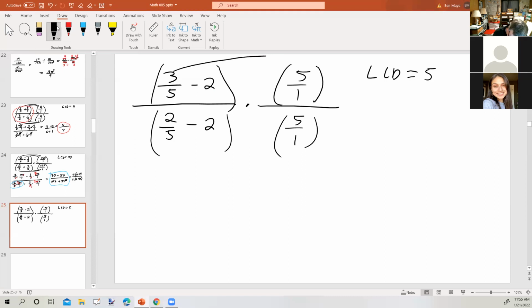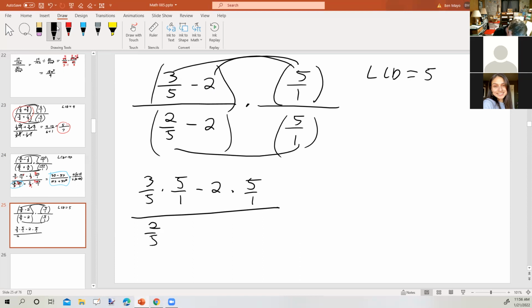All right. So here I've got 3/5 times 5 over 1 minus 2 times 5 over 1. I'm going to do the whole thing. In the bottom, 2/5 times 5 over 1 minus 2 times 5 over 1. Okay. So far, so good.